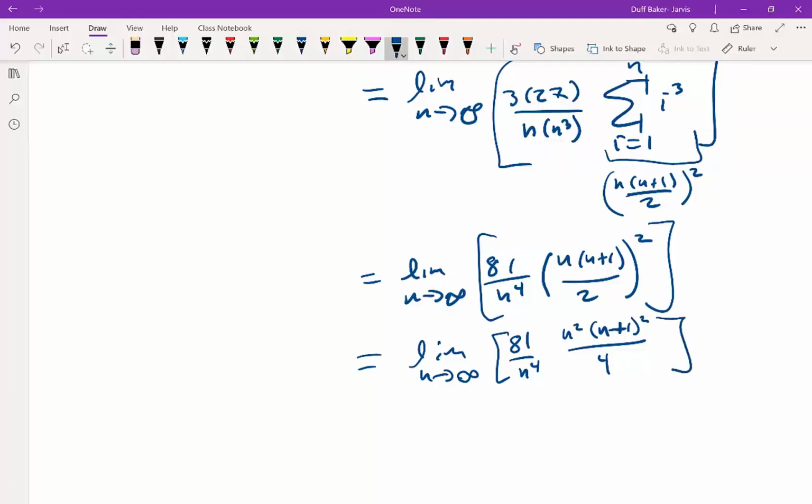And if we're thinking about limits, right, we can rearrange this. We can swap the 4 with the n to the 4th. If you think about this numerator and you were to distribute it all out, right, multiply everything out, the n plus 1 squared term would have an n squared term in it.